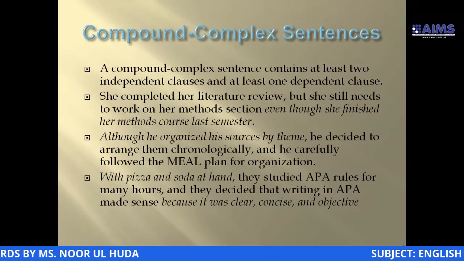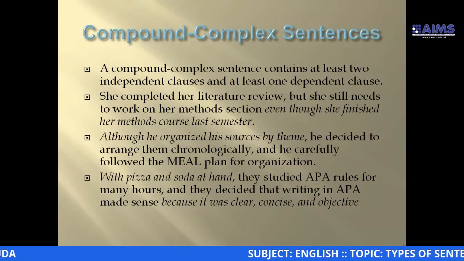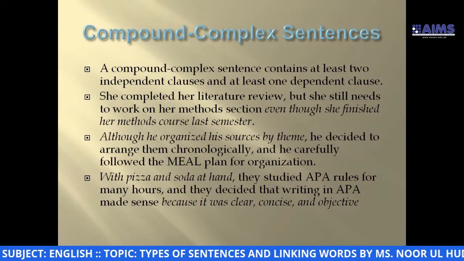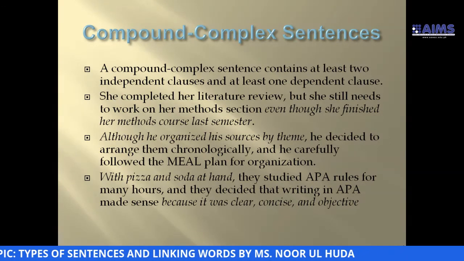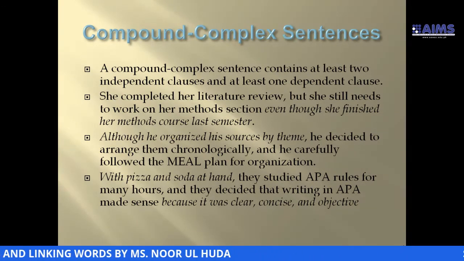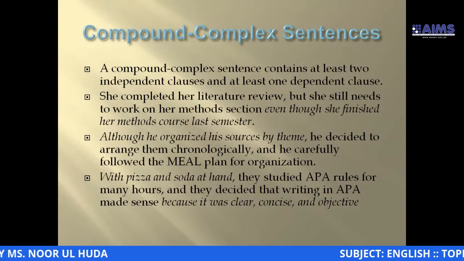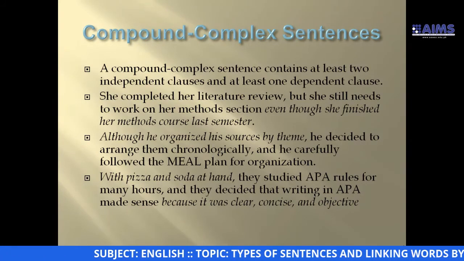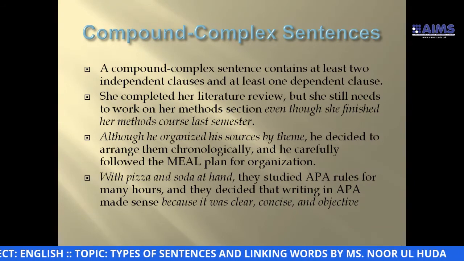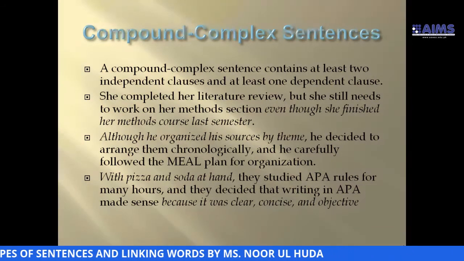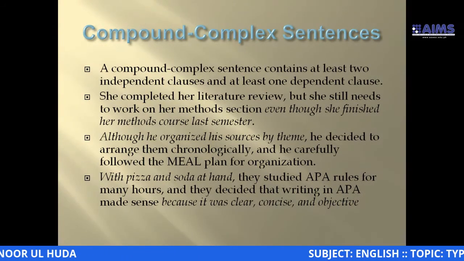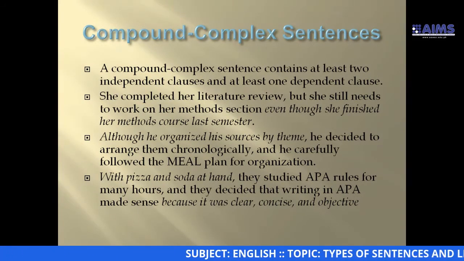Okay, with pizza and soda at hand, they studied APA rules for many hours, and they decided that writing in APA made sense because it was clear, concise, and objective. Now, with pizza and soda at hand is a prepositional phrase. It's not a clause because there isn't any verb here.